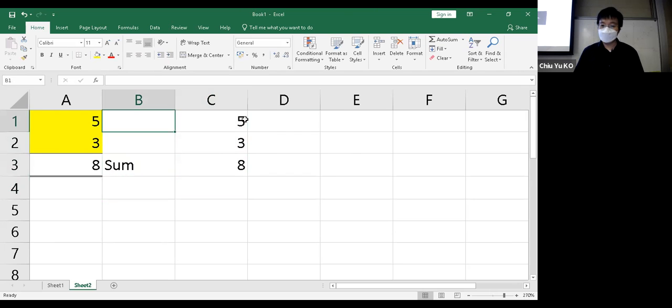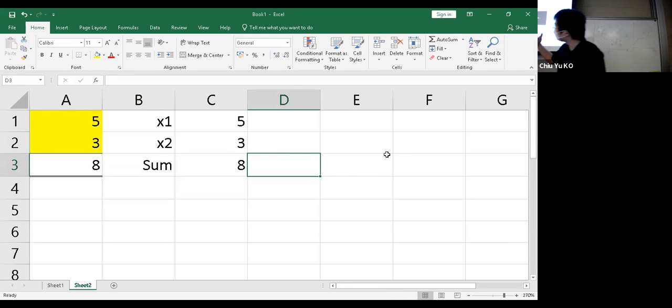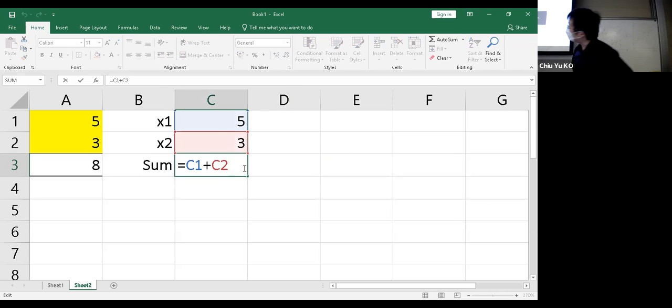This is data, maybe this is x1, this is x2. Then you add another column there, and it will be much nicer. Usually you would want to put it on the right-hand side, just some minor detail. Now the question is, the formula here I imposed is C1 plus C2, right?